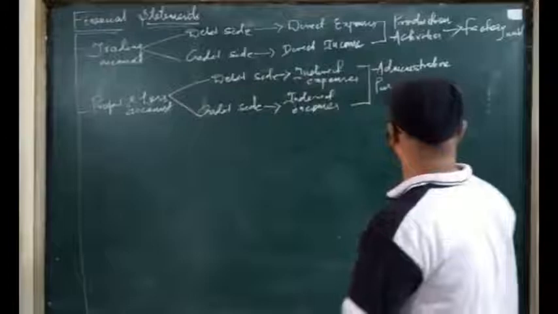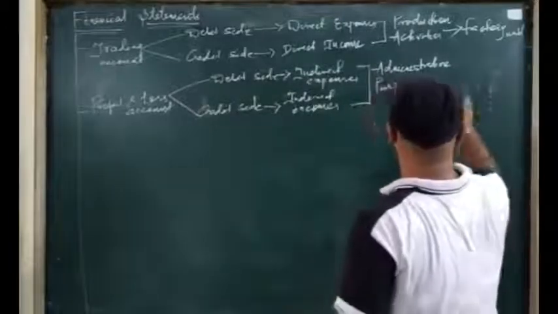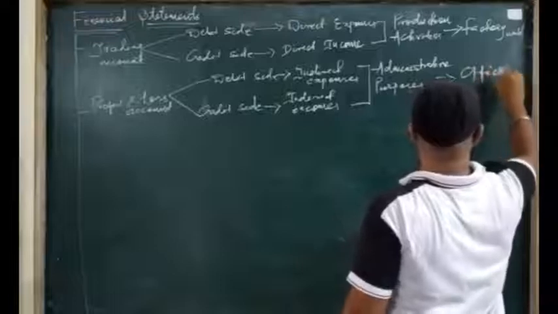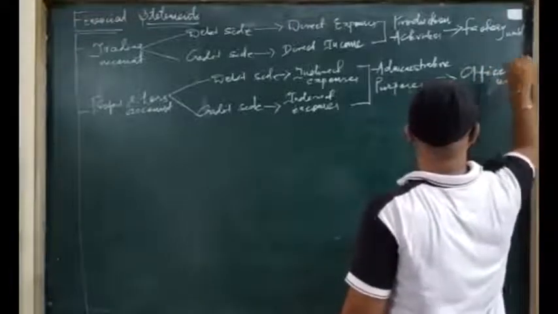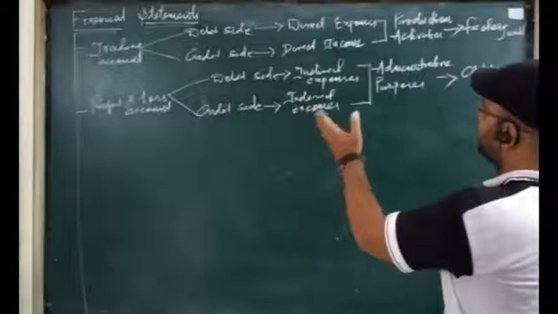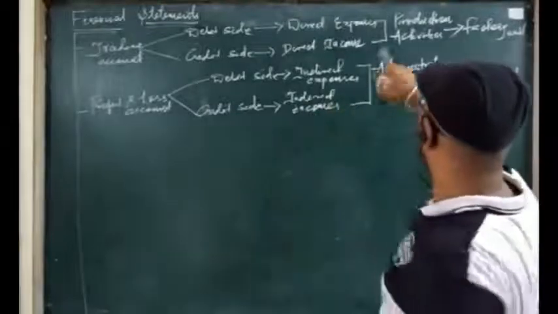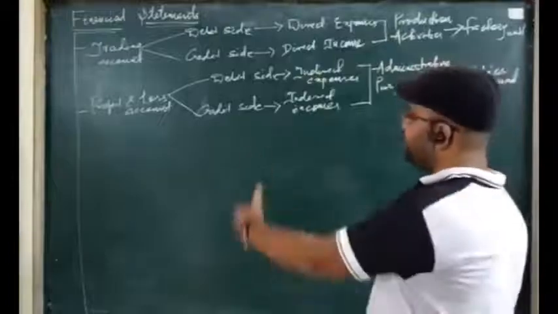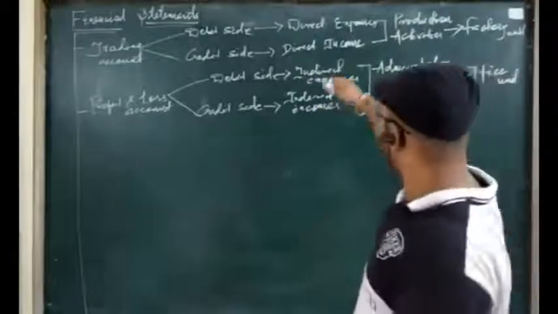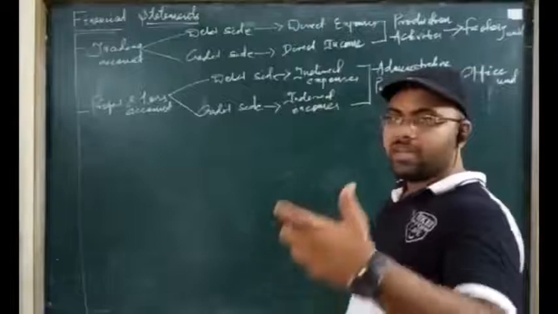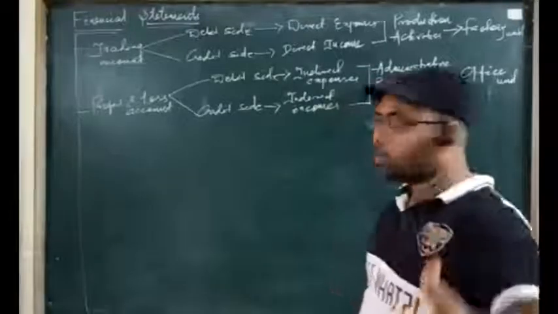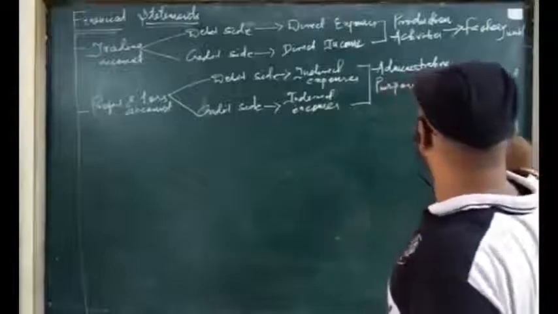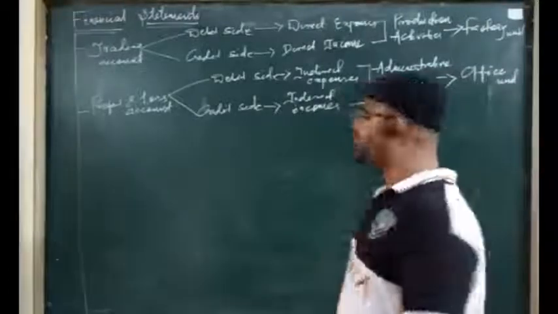Administrative activities take place in the office unit. So the trading account is prepared for direct expense and direct income, where production activities take place in the factory unit. The profit and loss account is prepared for posting of indirect expenses and indirect income, which I have already explained and given you the notes. It is prepared for administrative purposes, and administrative activities take place in the office unit.